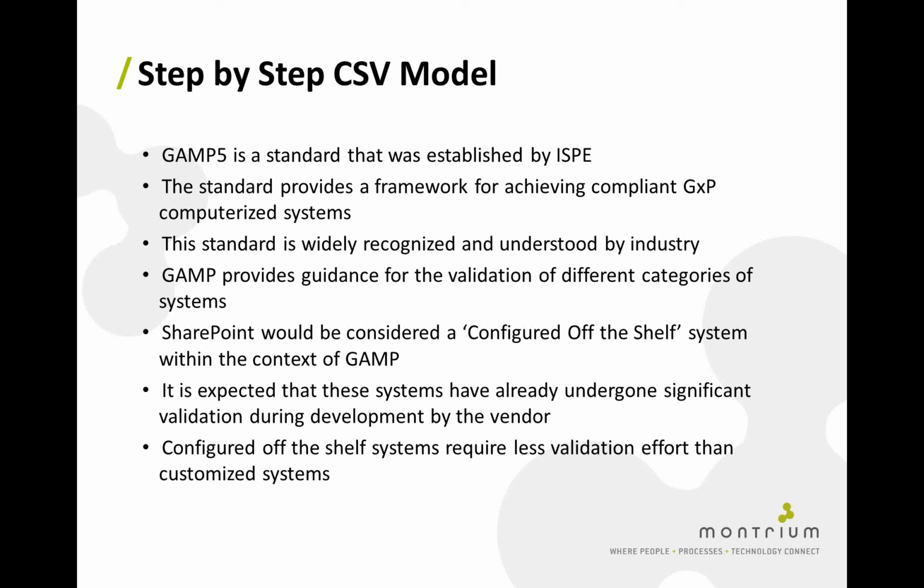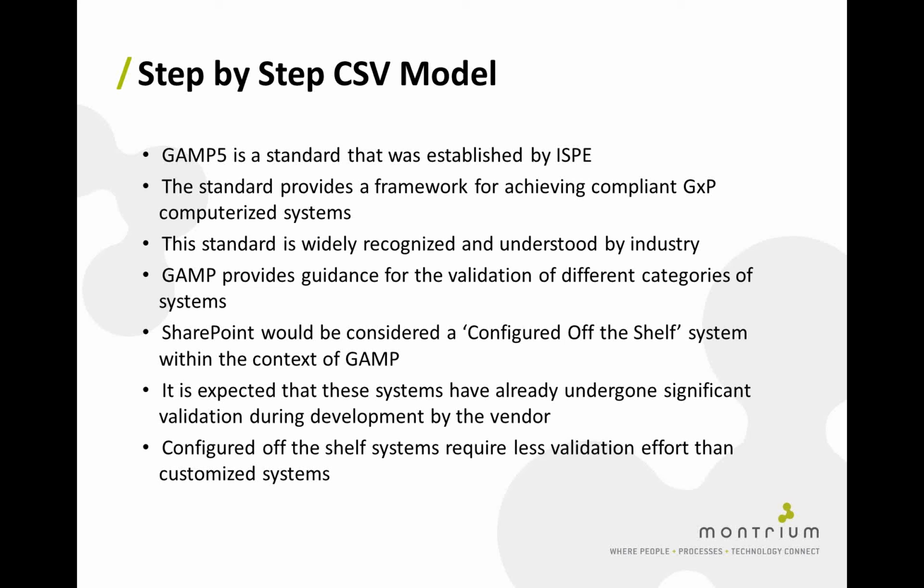It's really something that's very widely recognized and understood by our industry, and it's also clearly stated and cited as an acceptable framework for computerized systems validation within the PICS guidance that I mentioned at the beginning of the webinar.